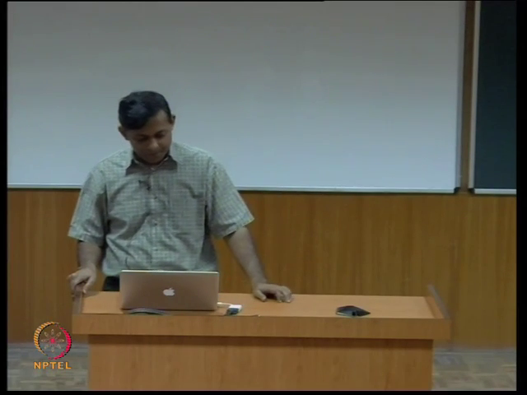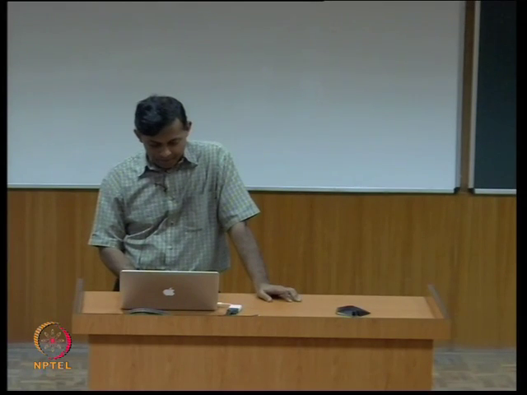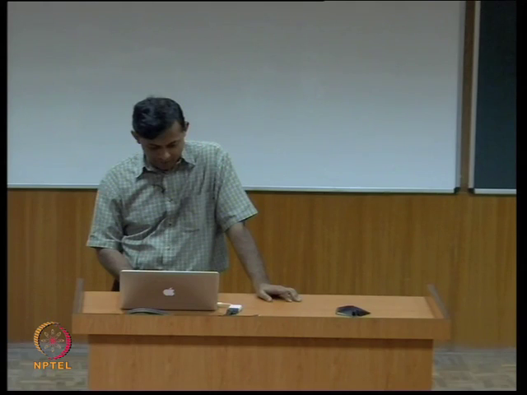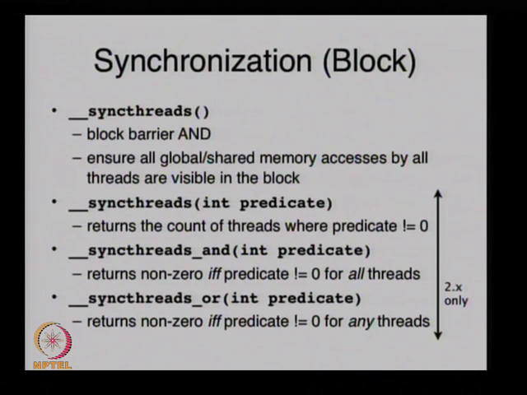And there is an and and an or, which says if everybody or anybody is not equal to 0. Unfortunately, the interesting versions are only available on 2.x, as you might have guessed.